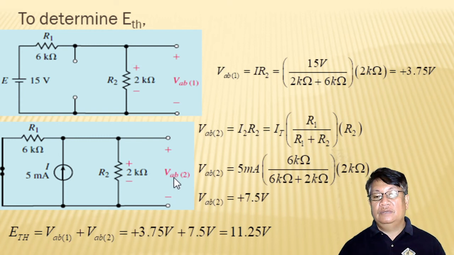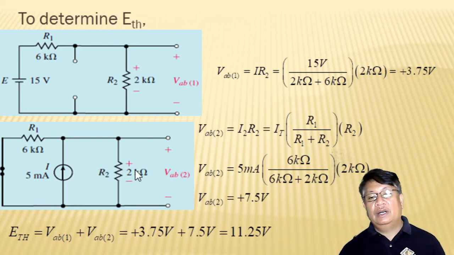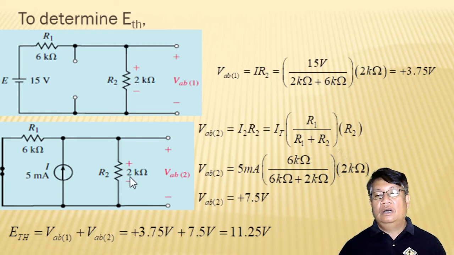To determine this one, again, it is just equivalent to the voltage drop across R sub 2. So V sub EB is equal to the current here, I sub 2, times R sub 2.